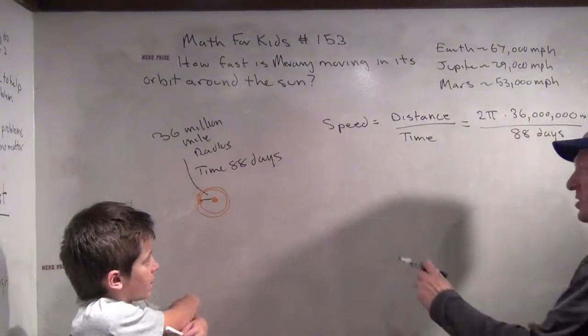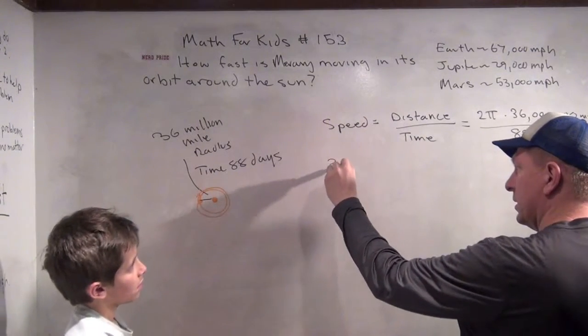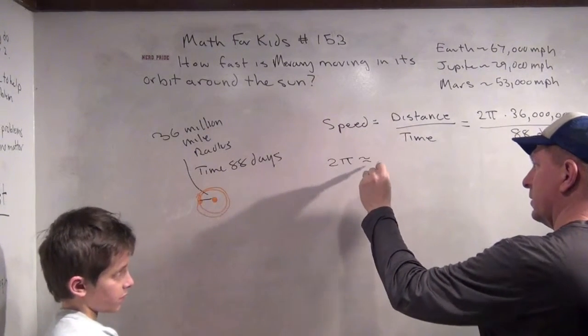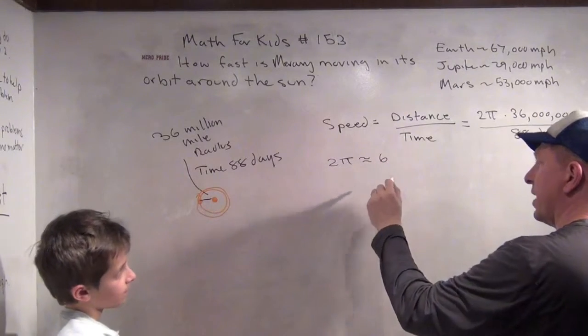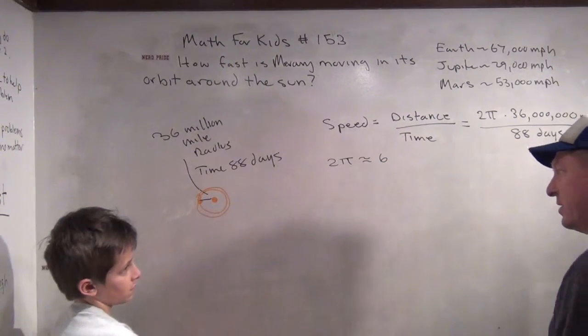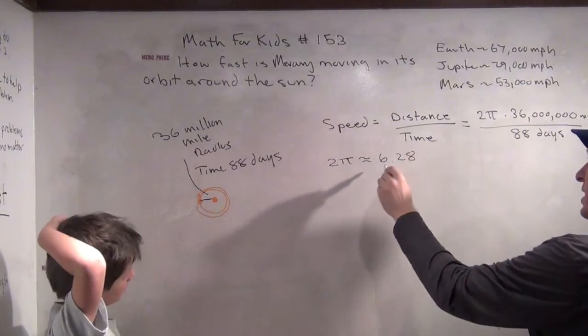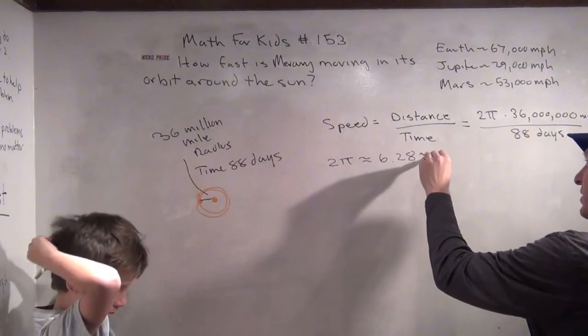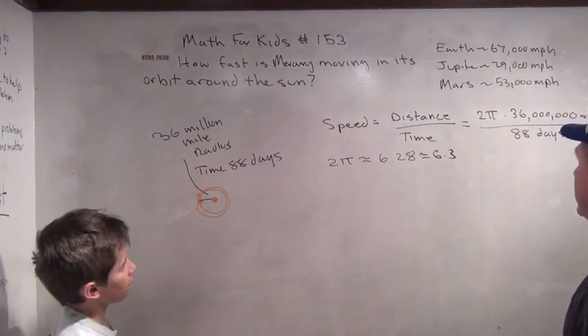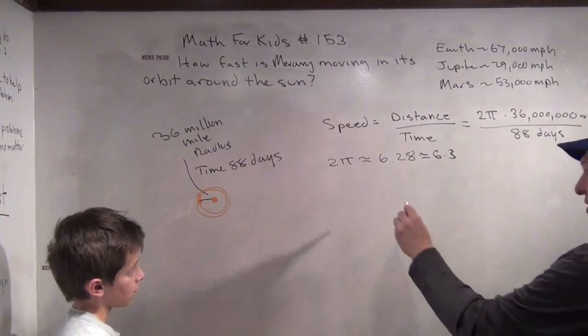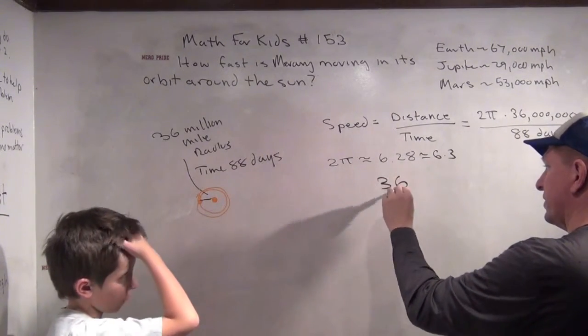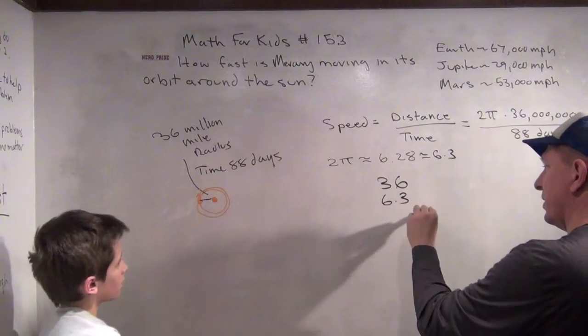And what's our approximation we've been using for 2 pi? It's 6.3. Pi is 3.14, 2 pi is 6.28, approximately. So we're just going to make our life easy and say that's about 6.3. Okay, so we have to do 6.3 times 36, or 36 times 6.3.